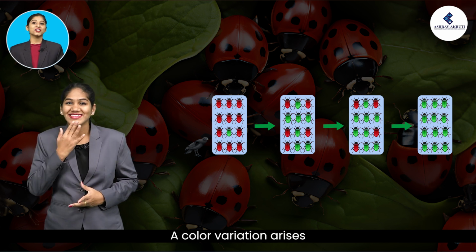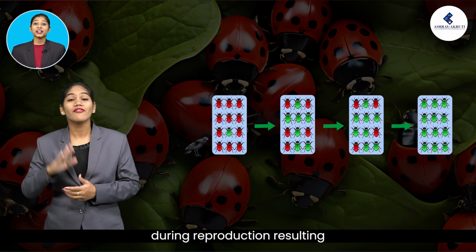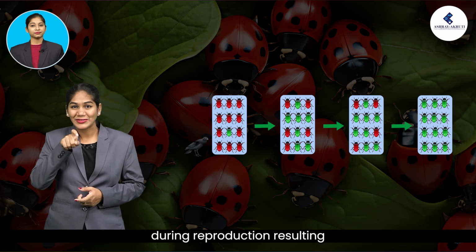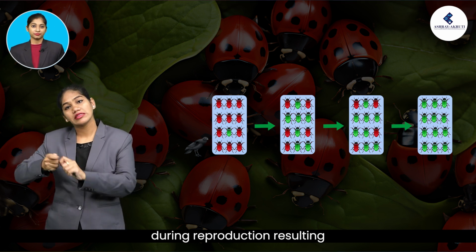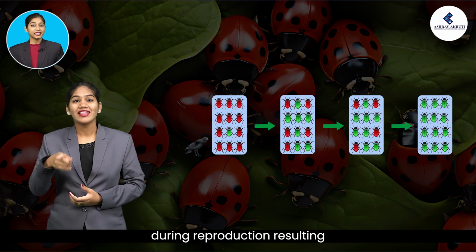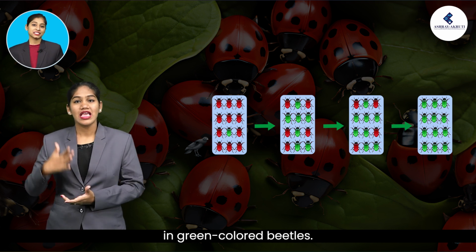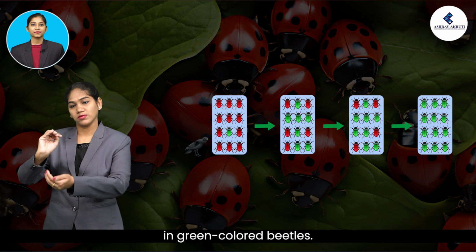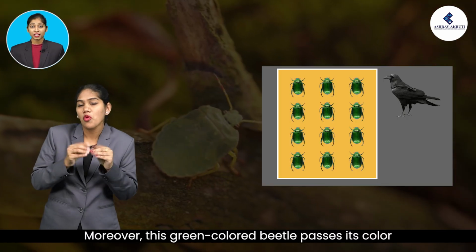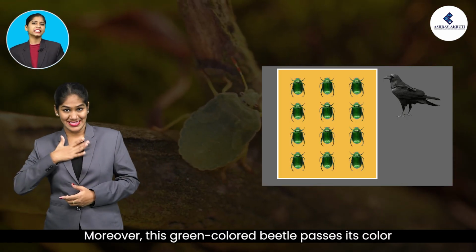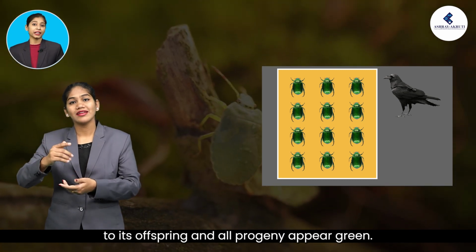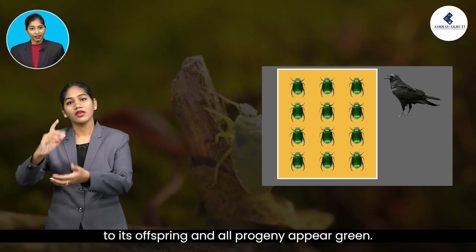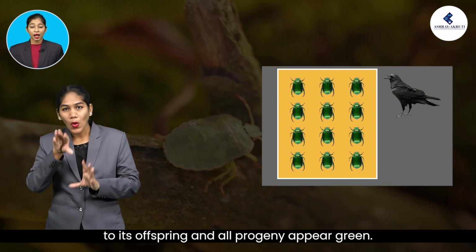A color variation arises during reproduction, resulting in green-colored beetles. Moreover, this green-colored beetle passes its color to its offspring, and all progeny appear green.